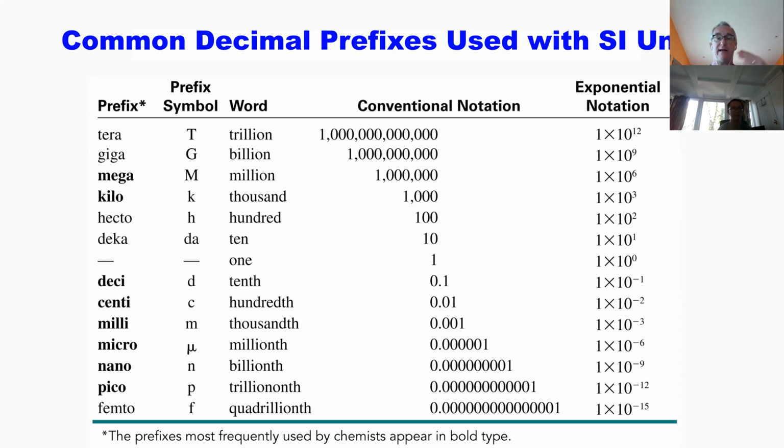The differences between units are given in these prefixes, and the most common ones that we use are in bold. When you get to really, really small numbers, like in a biochemistry lab, for instance, when I would be ordering reagents, I'm ordering them in femtogram amounts.